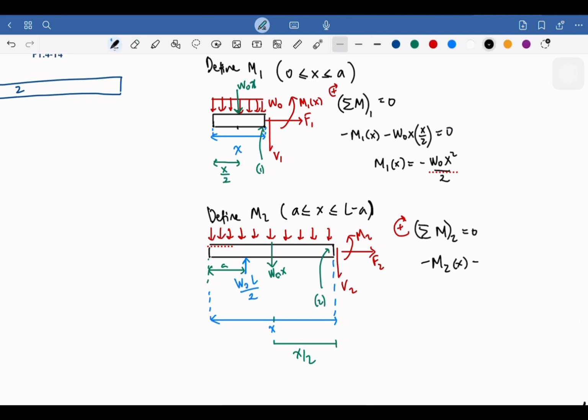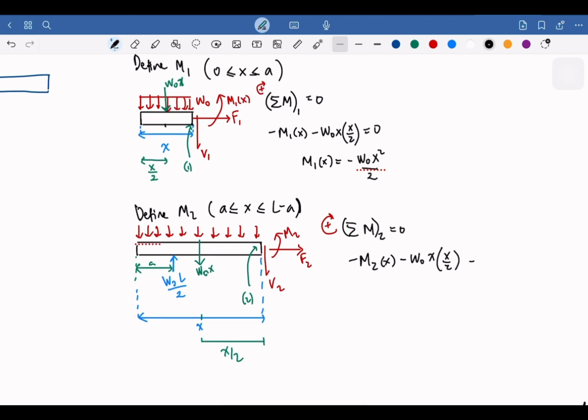So this is the minus W0x times x over 2, and a negative W0 L over 2, or plus, sorry, plus, right? And then this will be the x minus a equals 0.